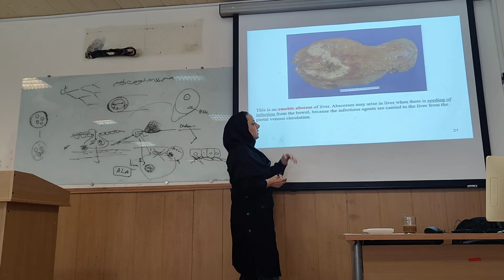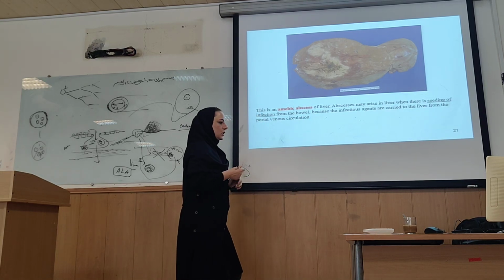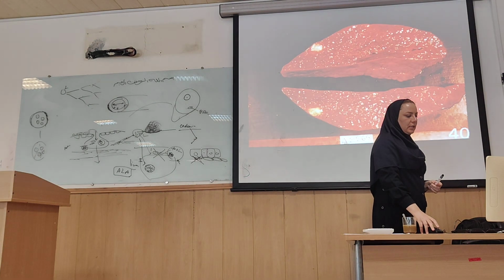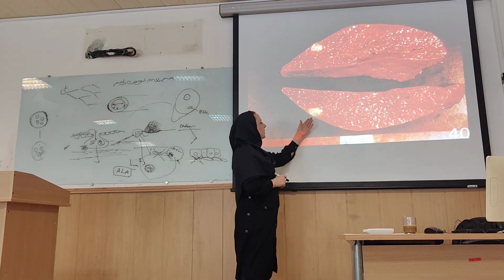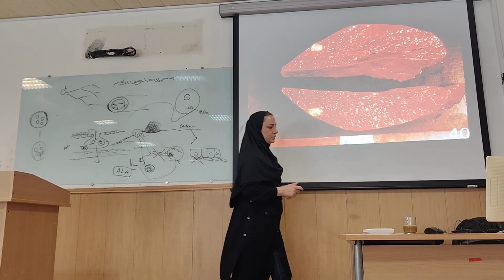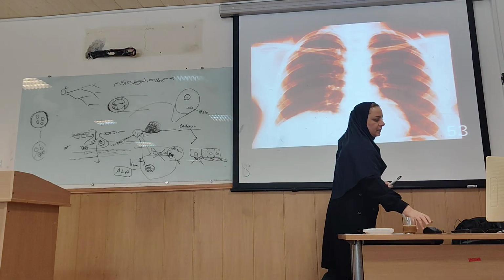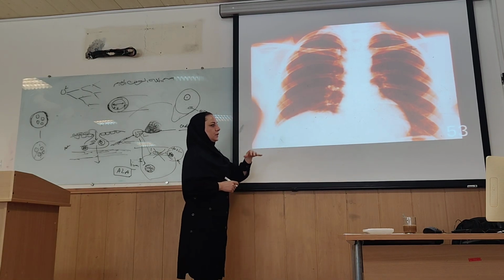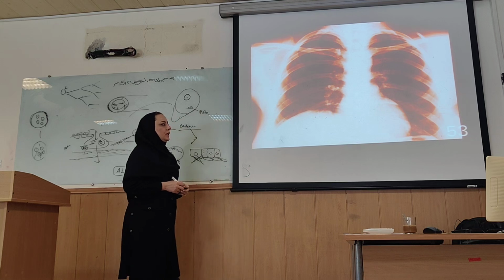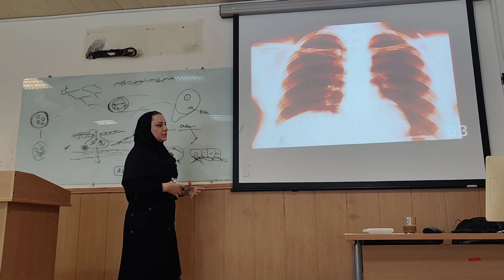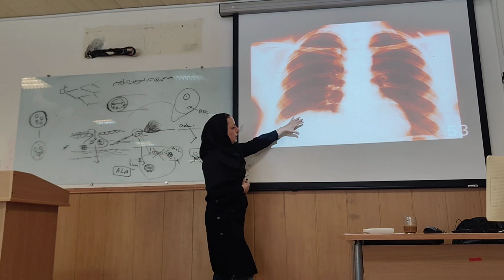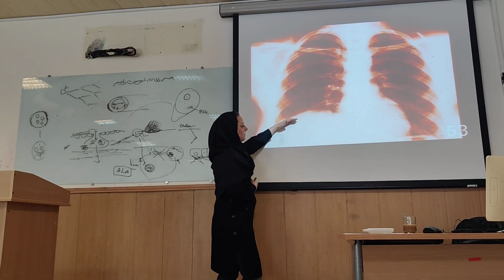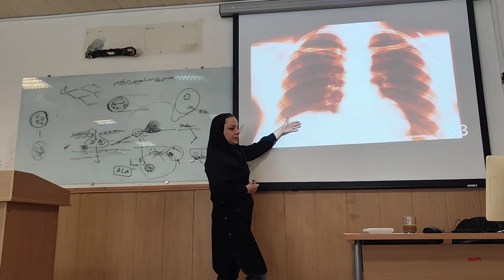This is the liver abscess because of multiplication, because of replication, and this is also an abscess. In the CT scan, sometimes if the liver abscess is very large, here it is very big, and because of that we can see the lung here.